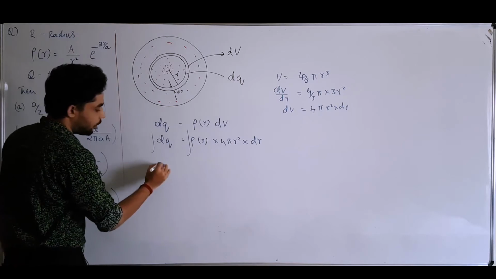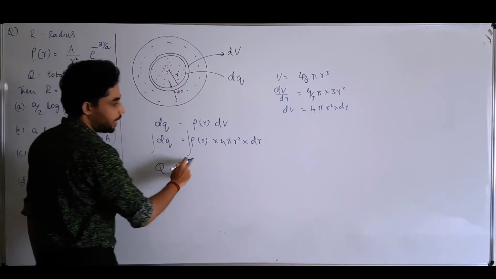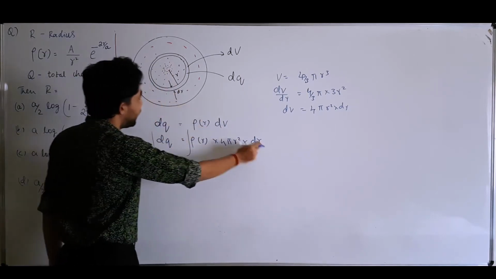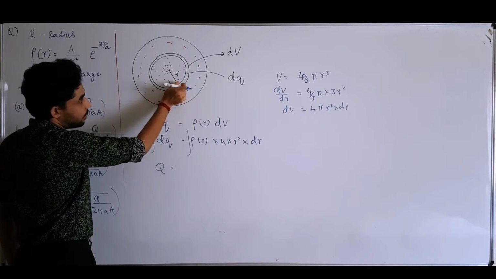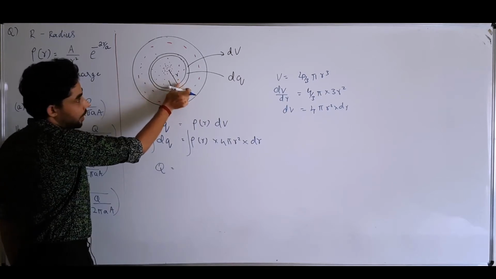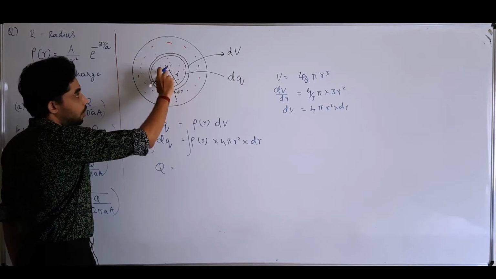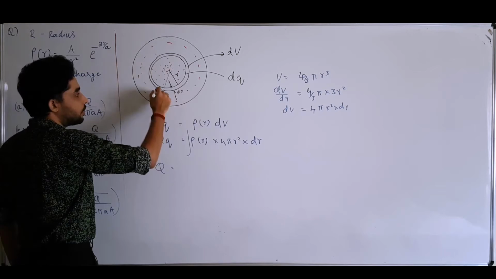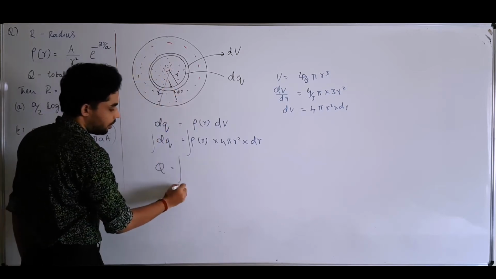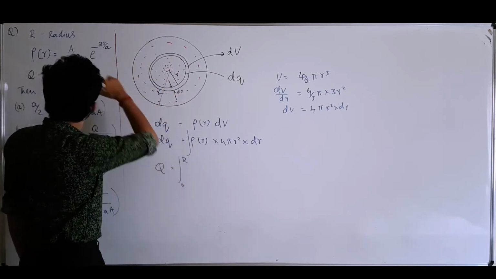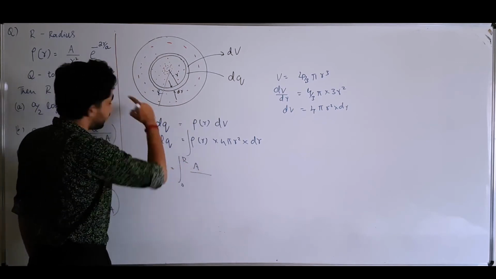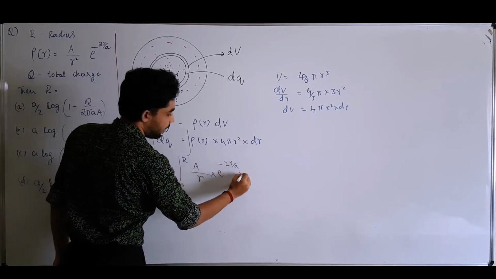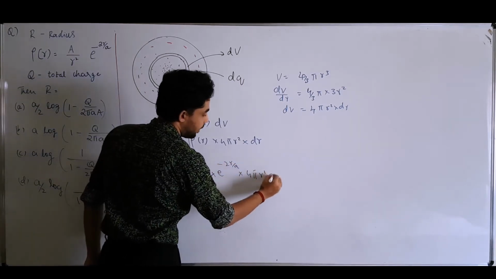So the total charge Q is equal to the integral from 0 to R, since dr is the varying quantity, the radius of the sphere we are taking in variation, so it should be integrated from 0 to R, that is the full radius of the sphere. I'm going to substitute the expression, that is A by r square into e raised to minus 2r by a into 4 pi r square dr.